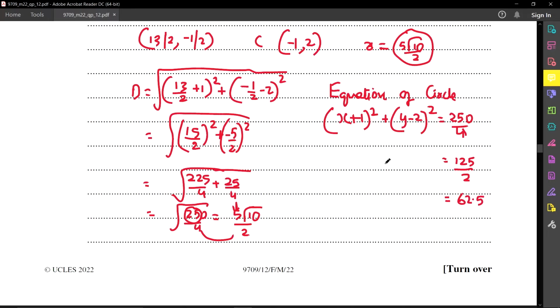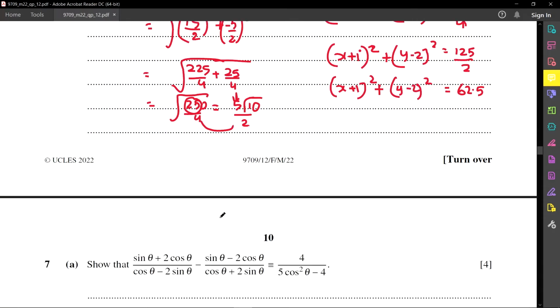So you can use x plus 1 whole square plus y minus 2 whole square equal to 62.5. That's how you work out this question.